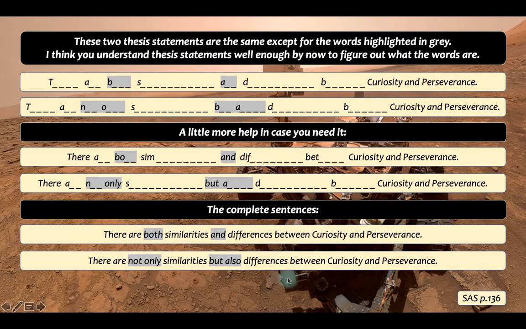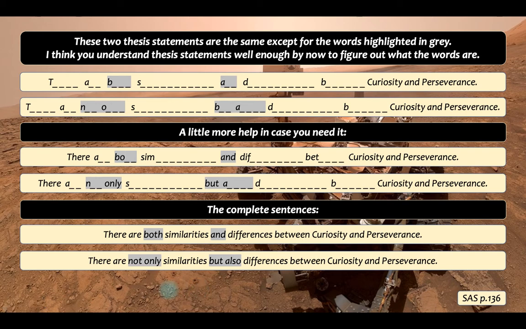In the same sentence structure, we can use either one of those combining forms. There are not only similarities, but also differences between Curiosity and Perseverance. Notice that here, these are nouns, a similarity and a difference. We are using the noun forms here for those words.